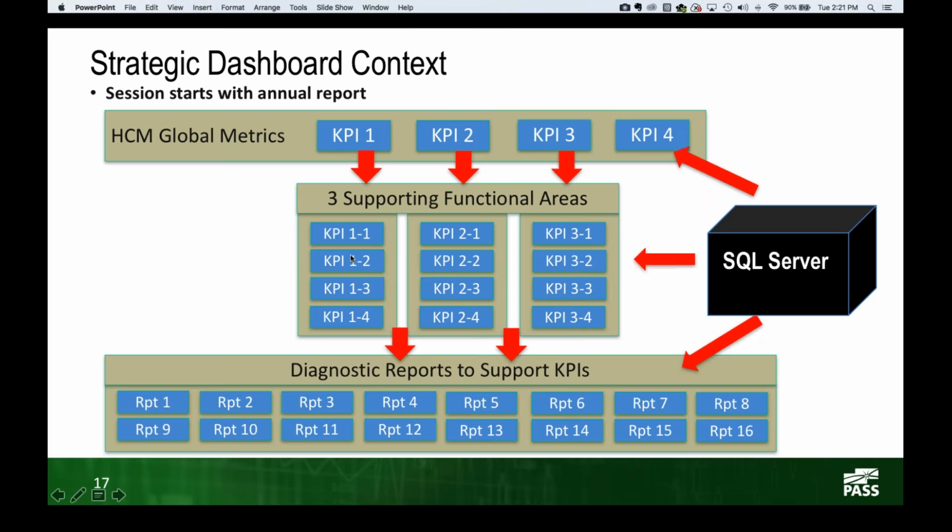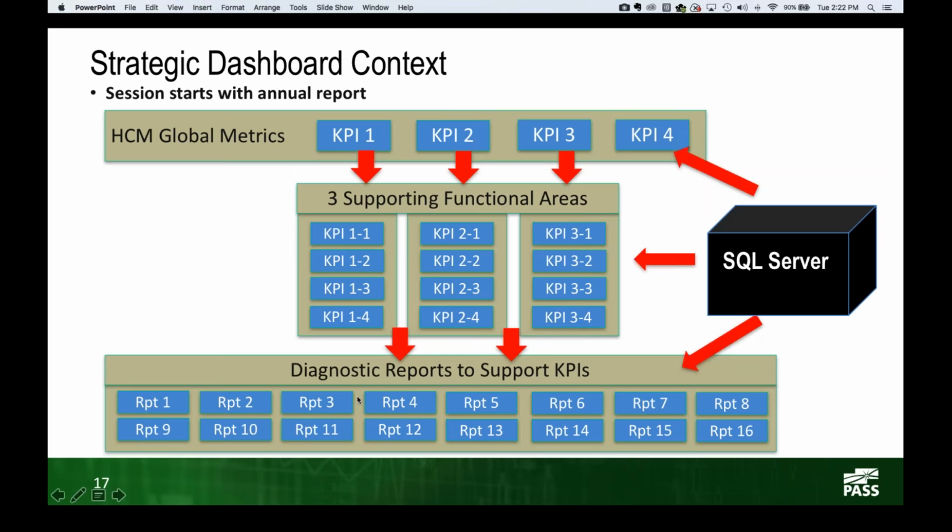So here's the thing. The KPI on the supporting dashboard in a true strategic dashboard does not exist unless it supports the direction that the executive is going, right? So it's actually KPI 1.1, 2.1, 3.1, et cetera, because they're all in support of the direction that the executive is going.